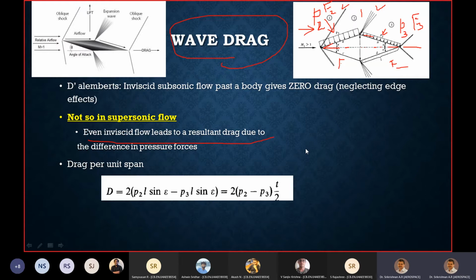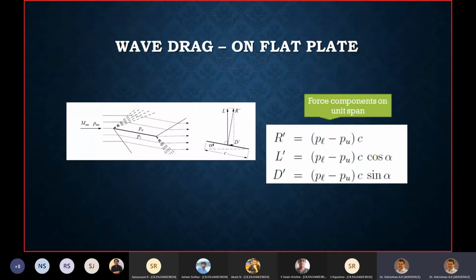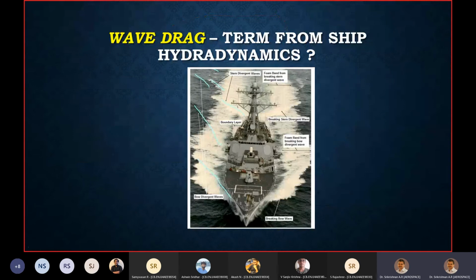I just want you to be aware that the term wave drag, I guess, comes from hydraulics, in fact in the design of large ships and probably boats also. You have similar phenomena, that is, pressure differences on the body because of the waves.